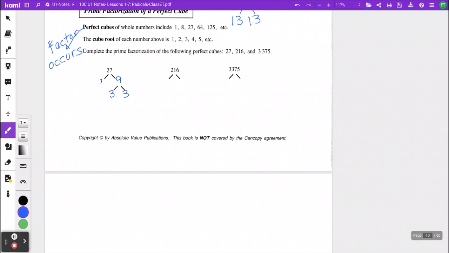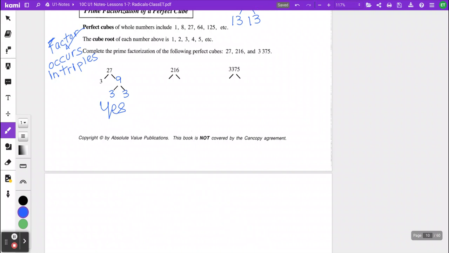If I'm writing, you're writing, that means it's important. And we can see that 27 ends up with 3 3s. So we would say yes, 27 is a perfect cube.